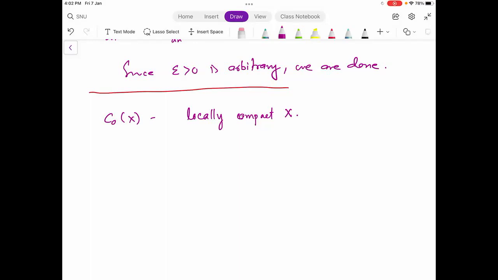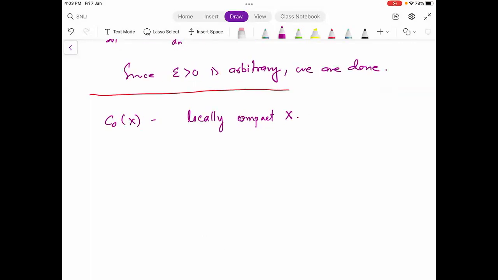So here also you can take all continuous functions. Nobody is stopping you. However, you won't be able to give it a norm because with locally compact X, continuous functions might become unbounded, like on the real line. You have umpteen unbounded continuous functions, a straight line going from minus infinity all the way to plus infinity. So you won't be able to take the sup norm.